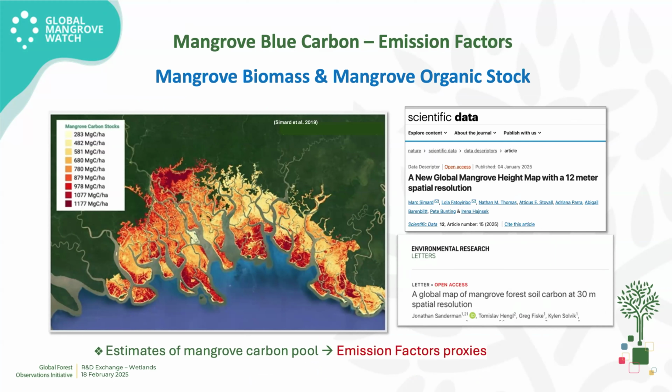This data set consists of one data set on the above ground biomass, so basically mangrove heights and mangrove above ground biomass estimates, and also another data set on the mangrove soil carbon.